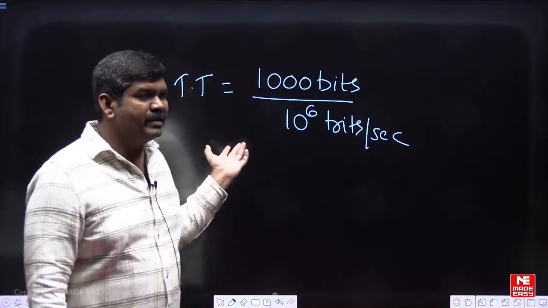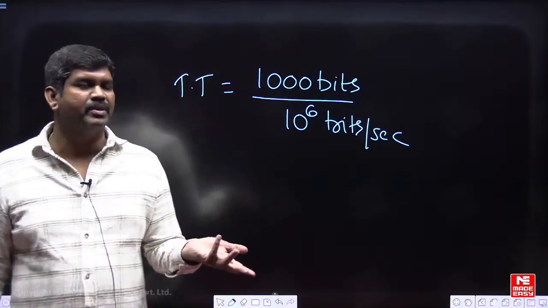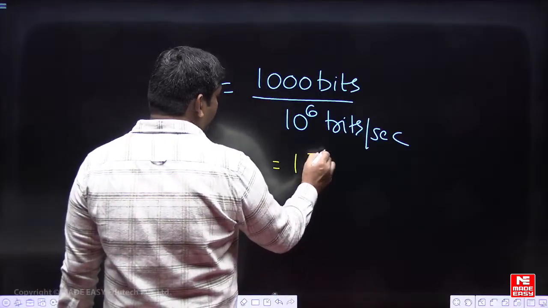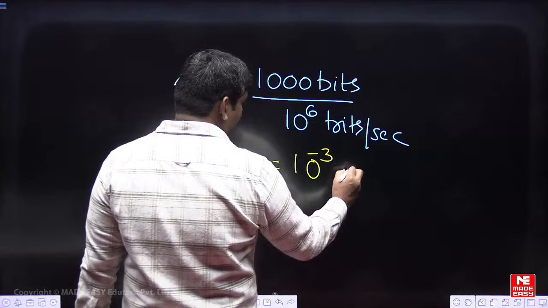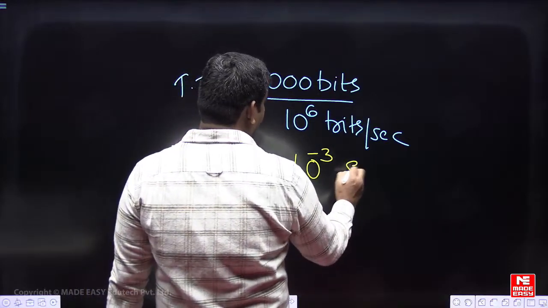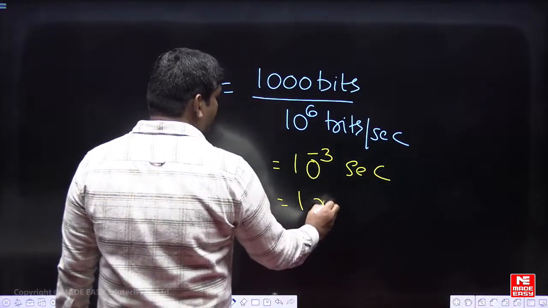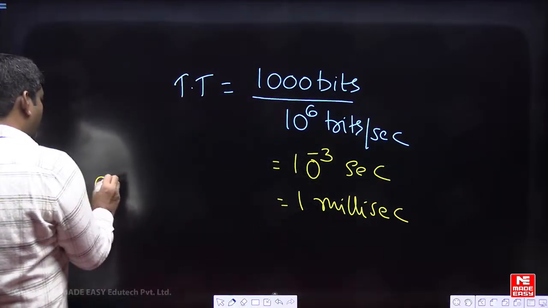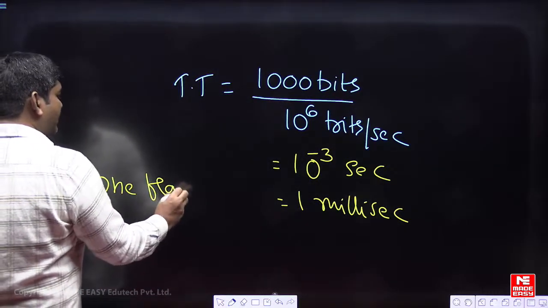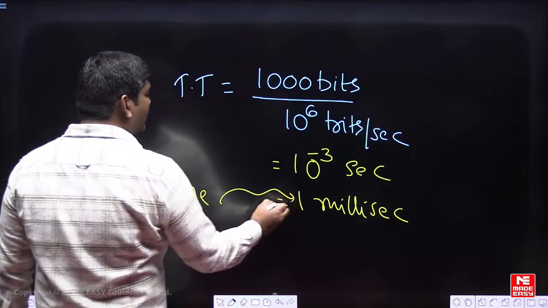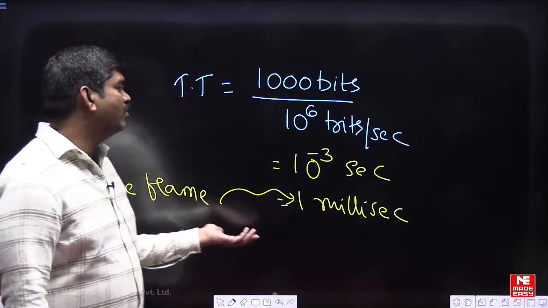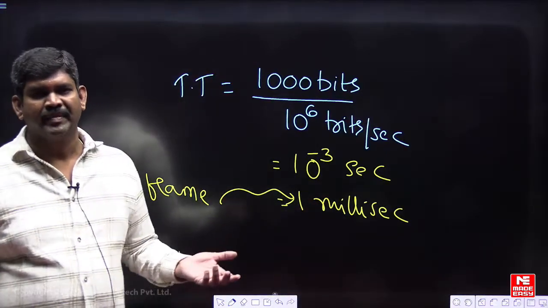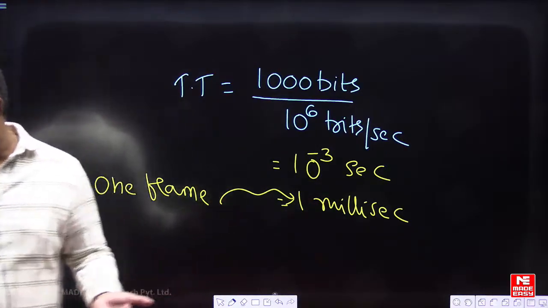So not only this particular station, all the remaining stations can also transmit anyway. If you calculate, this is 10⁻³ seconds, or 1 millisecond. So one frame can be transmitted by a station in pure Aloha in 1 millisecond, as per the given data we have calculated.